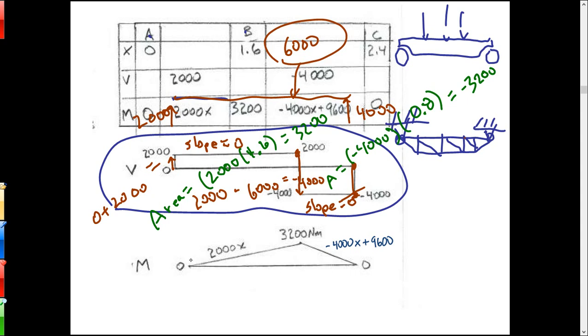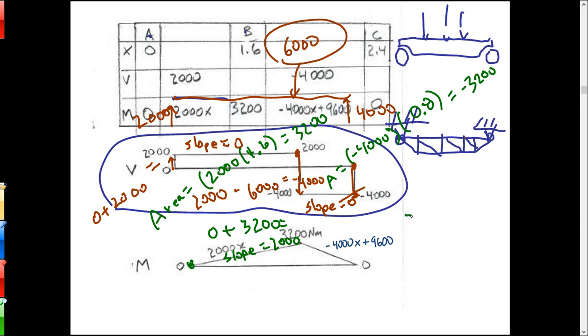So what that does to the moment diagram is you start at 0. And then from there you go up by the area of the shear diagram. And you go from 0 up 3,200, so you get up to 3,200. The slope of this line equals the value of the shear, and that's 2,000.